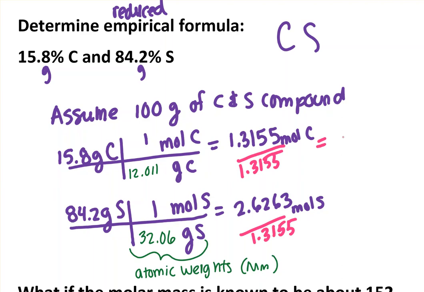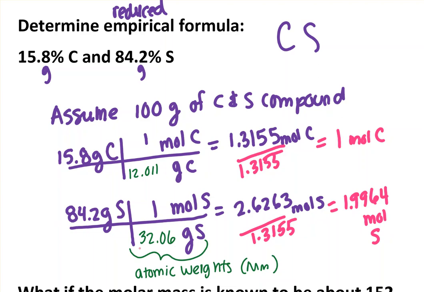And here I'll get a 1. And here I get, okay, and it doesn't come out to exactly 2. But at this point it should come out to whole numbers. And if it doesn't, and it comes really close, it's because these numbers are rounded off up here.